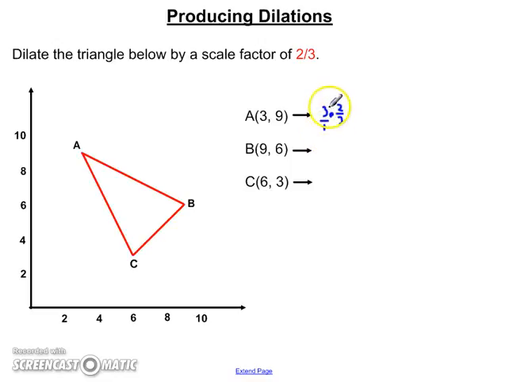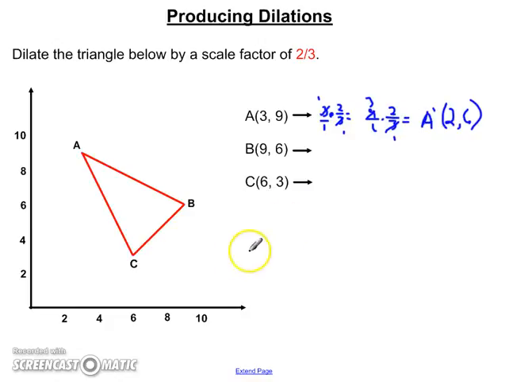My whole number becomes a fraction, placing it over 1, and here we end up with 2. So for A prime, the first coordinate is going to be 2. Now 9 gets multiplied by 2/3. 9 over 1 times 2/3, and you'll notice a cross reduction here. 3 times 2 is 6. So my image A prime is 2, 6.